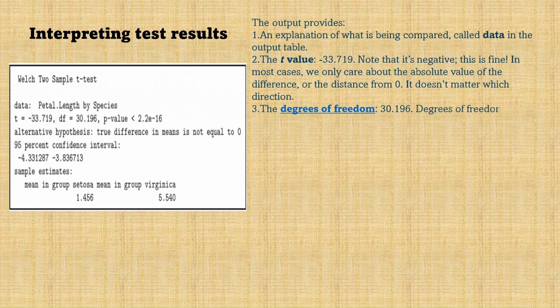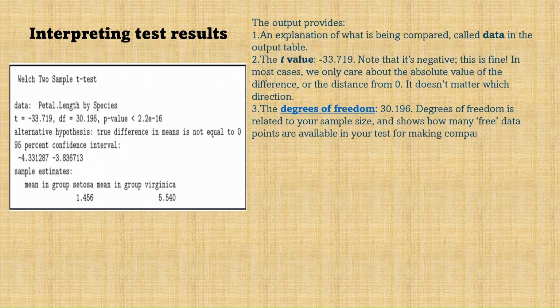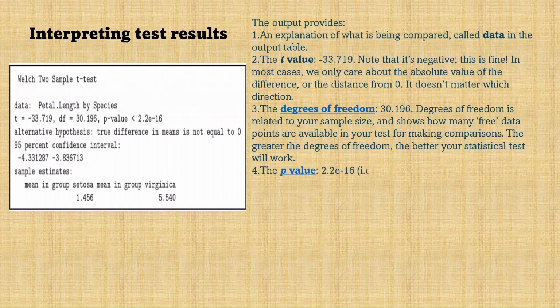It doesn't matter which direction. The degrees of freedom, 30.196. Degrees of freedom is related to your sample size, and shows how many free data points are available in your test for making comparisons. The greater the degrees of freedom, the better your statistical test will work.